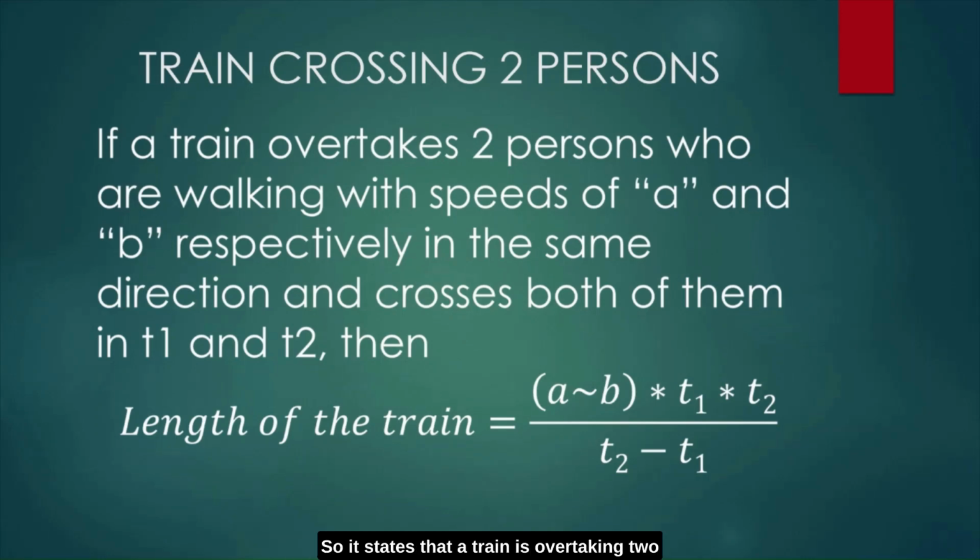In such cases, the length of the train is given as the relative speed multiplied by t1 multiplied by t2 divided by t2 minus t1. Here, the relative speed A minus B is used because both persons walk in the same direction as the train. Let us solve an example to understand how this concept works.